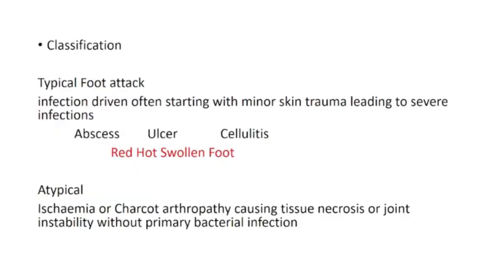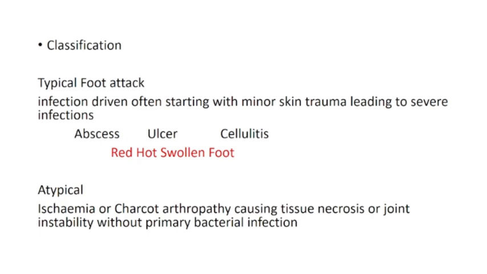So diabetic foot attack is classified as typical and atypical. Typical is the one we see with abscesses, ulcers, the typical red, hot, swollen foot, where infection is the main driving cause. There's another category called atypical foot attack, where there's either predominant ischemia, or Charcot's foot. I don't know whether you have heard of Charcot's foot, students.